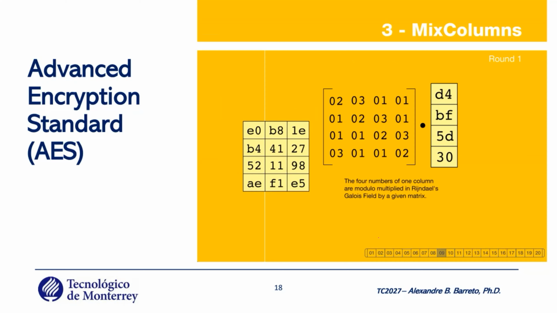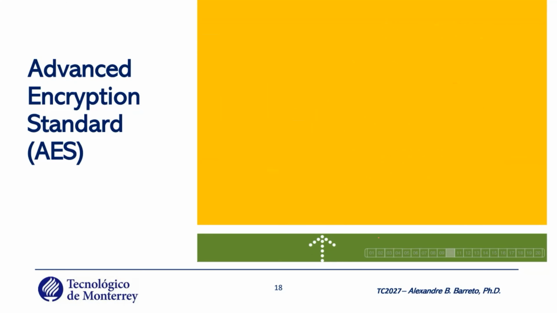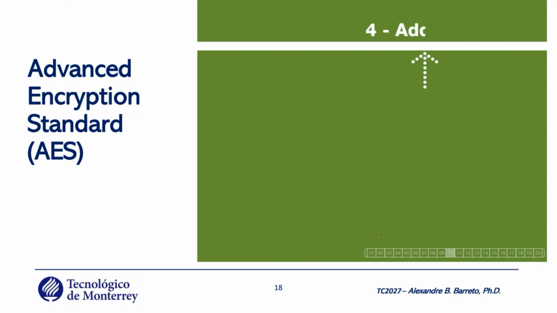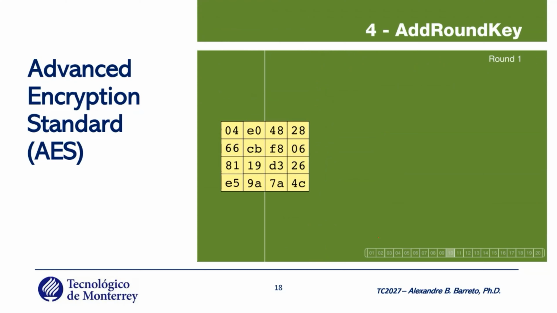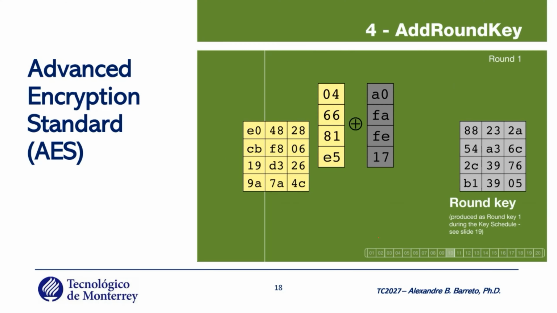Again, you use a Galois field or finite field for this operation too. And you do it for each column. But you add the key.